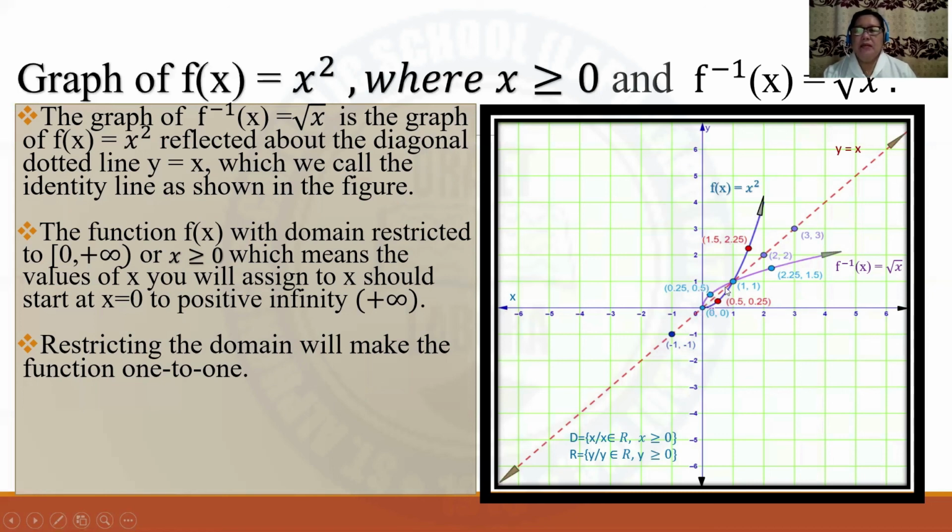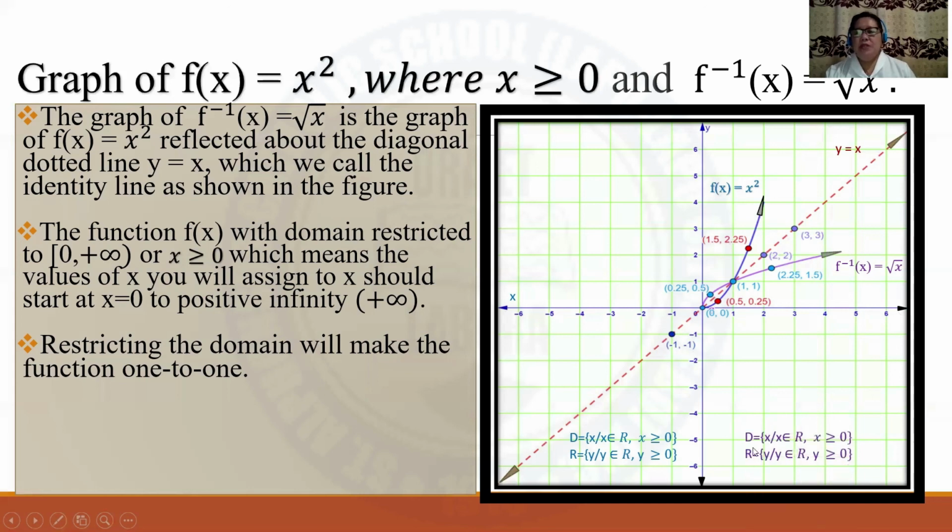So this is the graph of f of x is equal to x squared with the restriction. And as you extend the graph, you can use only x is equal to 0 and greater than 0. And as you extend this, you can use all the values of y only, starting 0 to positive infinity.